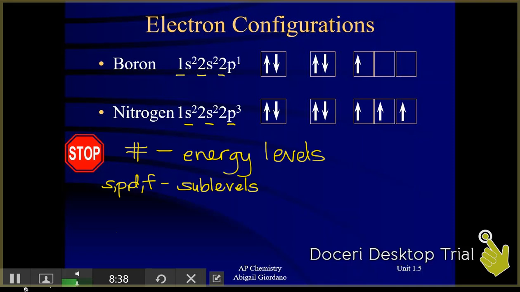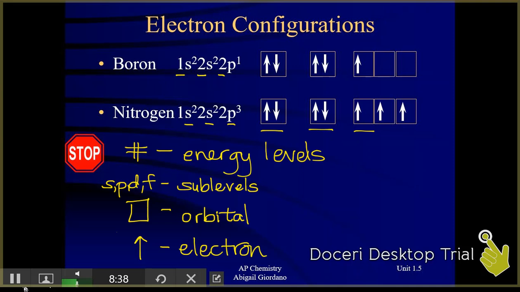When you see these boxes like this, each box is called an orbital. We'll talk more about that in just a second. And of course, every arrow represents an electron.